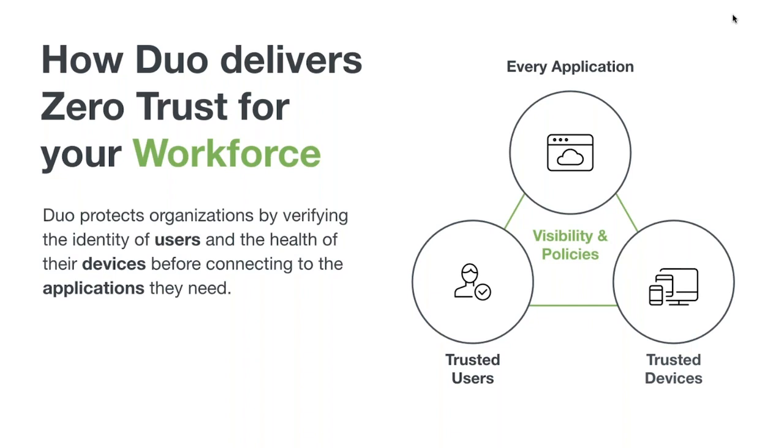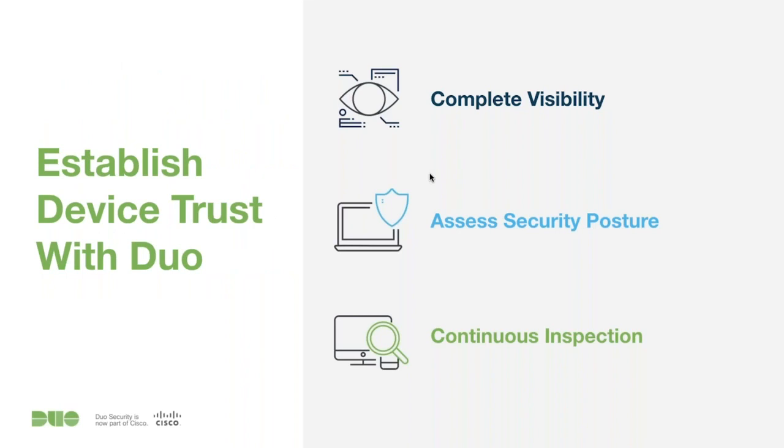So now let's zoom in again to how we think about device trust at Duo. This is going to be pretty high level. Jenny will get into some very specific feature demos later on in the presentation, but there are 3 steps to device trust that we think about at Duo. The first one being visibility into the devices accessing your network. So this just means being able to log who's accessing from which device, and when they are doing that, to which applications.